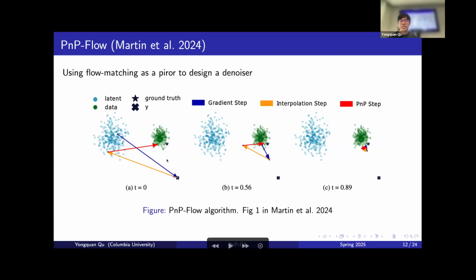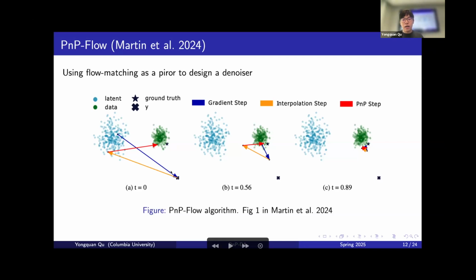After you learn the velocity, you can sample from the latent distribution and solve the ODE of movement with this learned velocity, and you reach your target data. Through this process, you can do sampling. So this is basically flow matching.